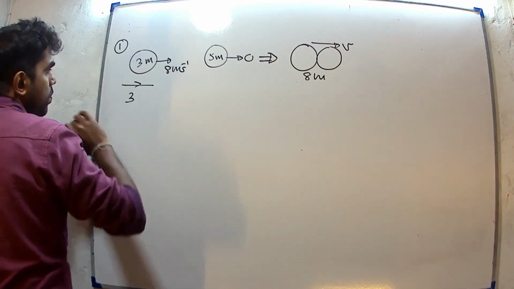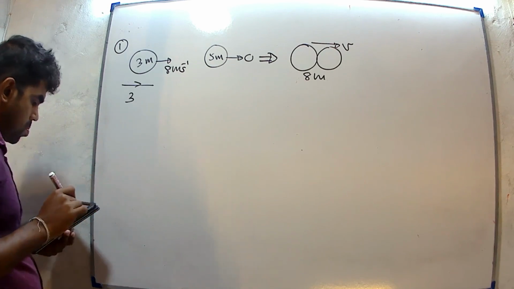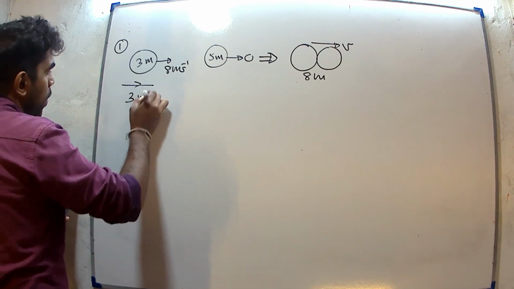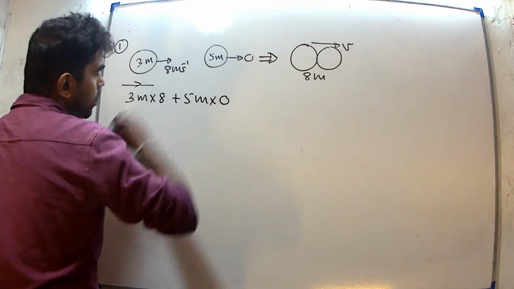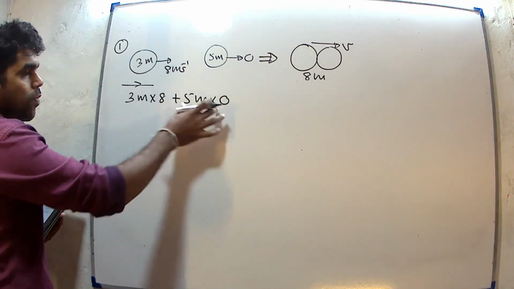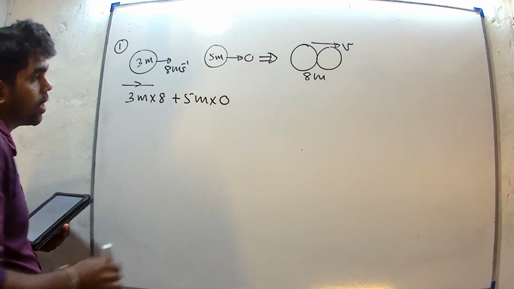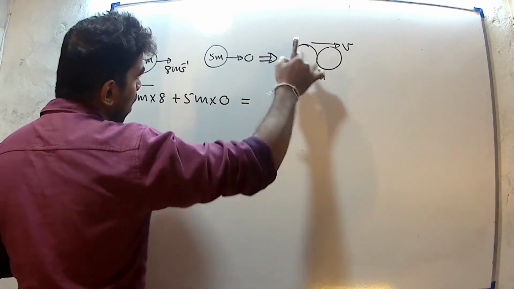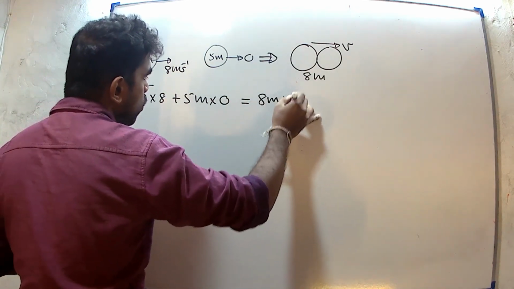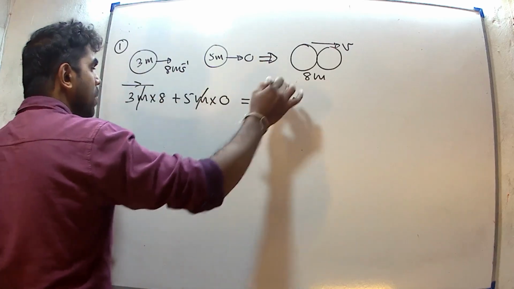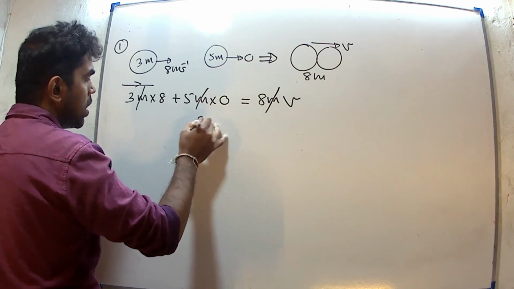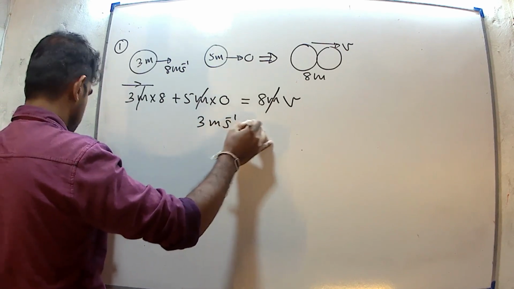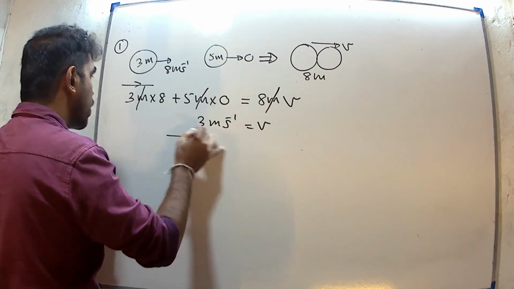Mass into velocity: 3m into 8 plus 5m into 0. Sum of momentum before the collision should be equal to momentum after the collision, 8m into v. We can cancel out m terms. 3 into 8, 24, divided by 8, 3 meters per second. Then the answer is 2 for question number 1.